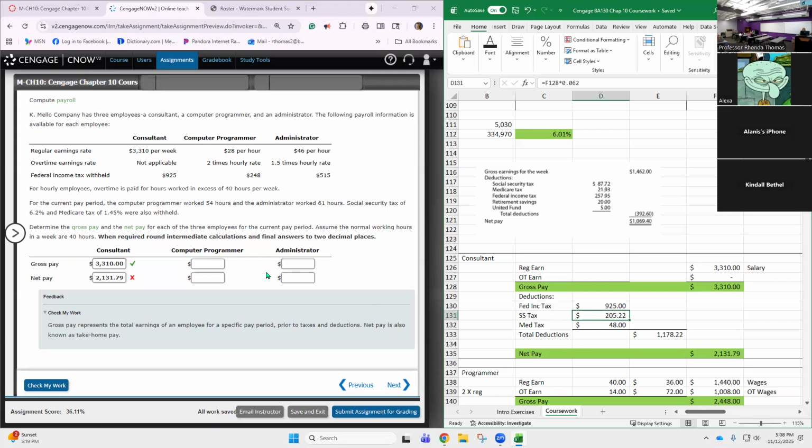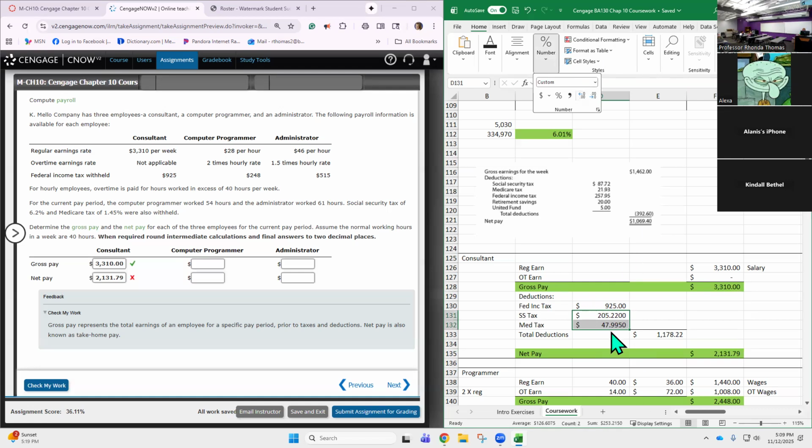So what I'm looking at: determine the gross pay and the net pay. When required, round intermediate calculations and final answers to 2 decimal places. So I'm going to take this one and extend out the decimals because you can't see them.